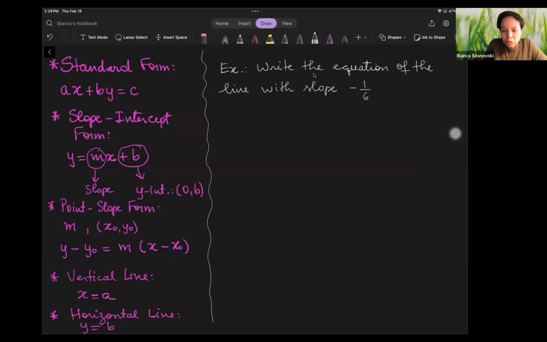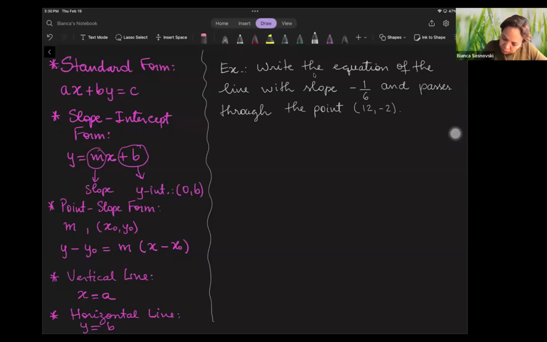So it's a negative slope. And the line also passes through the point (12, -2). All right. So the answer, whatever is your answer, should be written in the slope-intercept form.